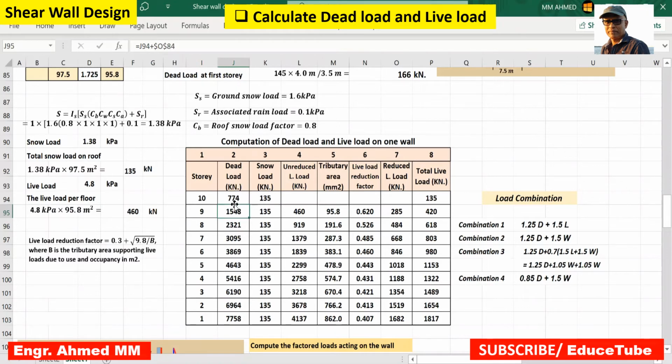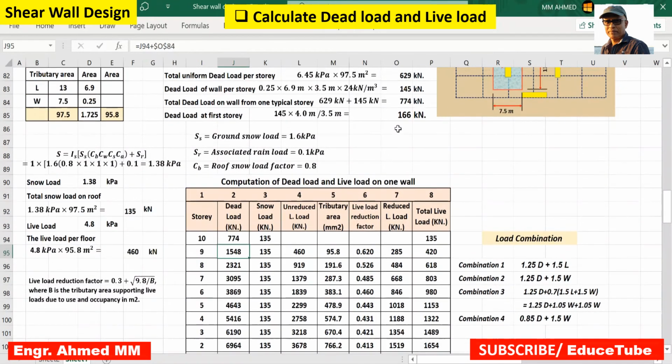Of course, this is I94 and O84. O84 means what? This one. So this way we can calculate. Clicking here, if we pull it down, all the values will come. 135, we are putting all the floors same loads for the snow loads.